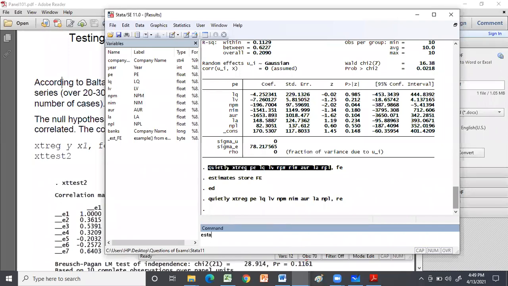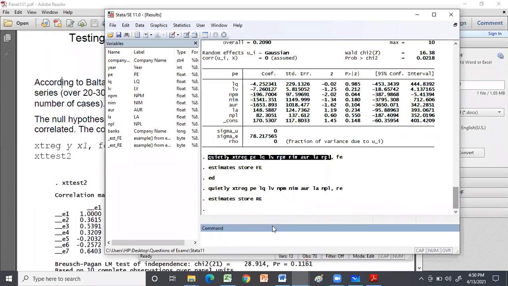So estimates store re. You can see another column or variable has been created, est_re. That means the estimated result of the random effect model has been stored, already saved.